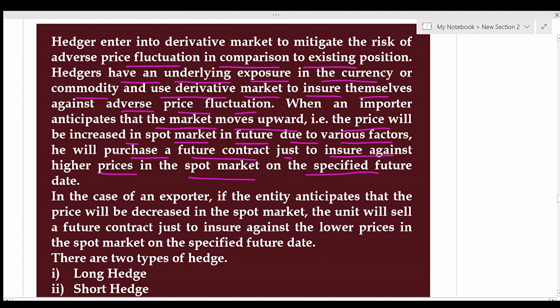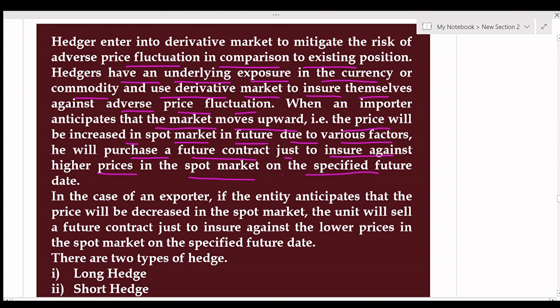If the importer anticipates that the market moves downward, then he will be indifferent to making the long future contract, because he is sure that he will make a profit when the price decreases.